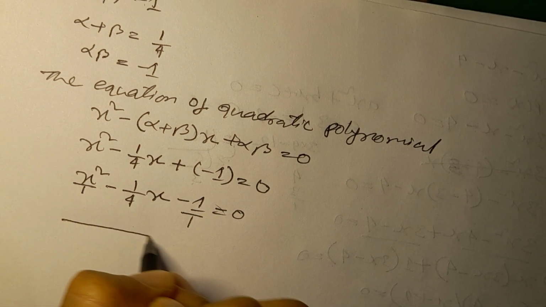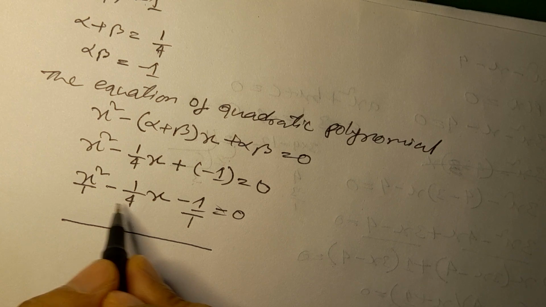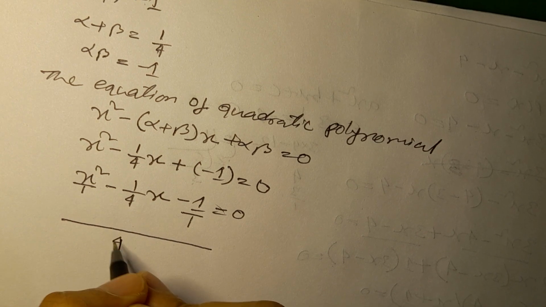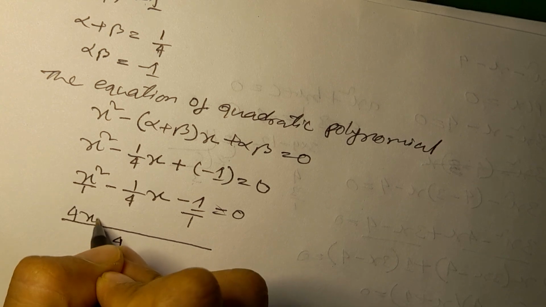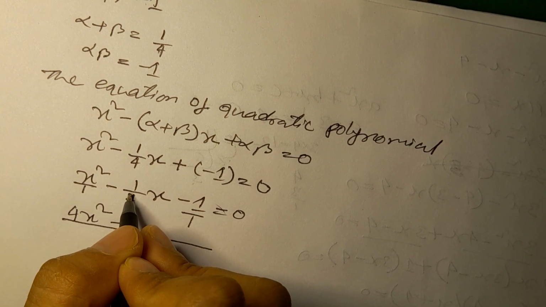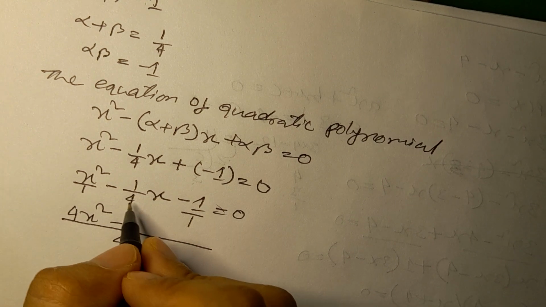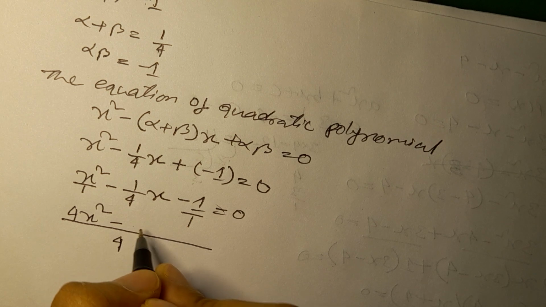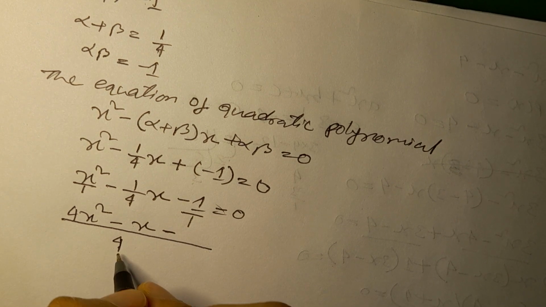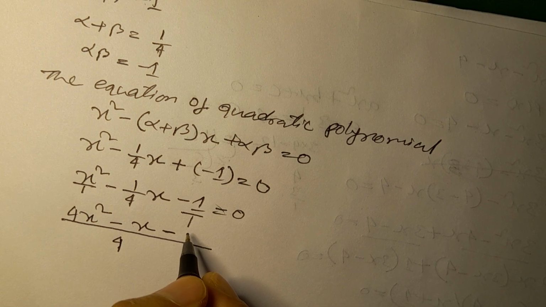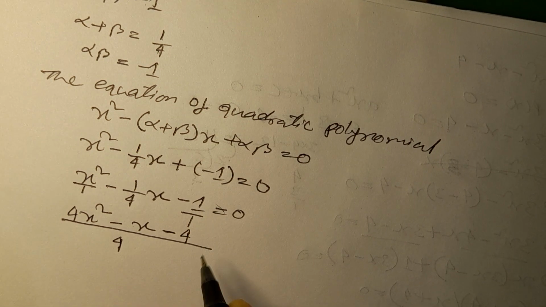So what is the LCM? LCM here is 4. Now if we divide 4 by 1, it will be 4. 4 into x square, so it will be 4x square. Minus 4 divided by 4 gives 1. 1 into 1, that is 1. In front of x, we never write a 1. Minus, again if you divide 4 by 1, it will be 4. So 4 into 1, 4, equal to 0.